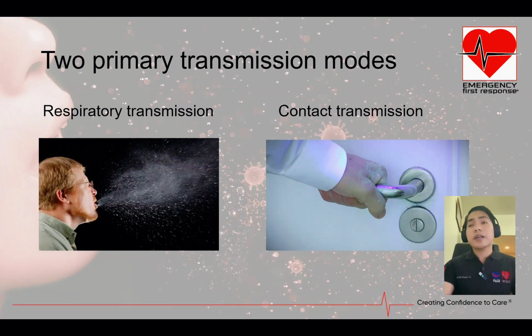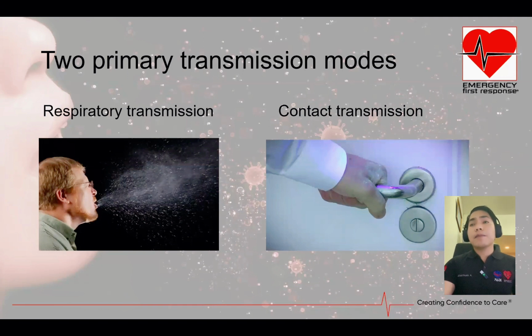Depending upon the disease, pathogens may transfer from infected people in several ways. Again, airborne pathogens transmit in two primary ways, though other ways may exist to some extent depending upon the disease. First is respiratory transmission.